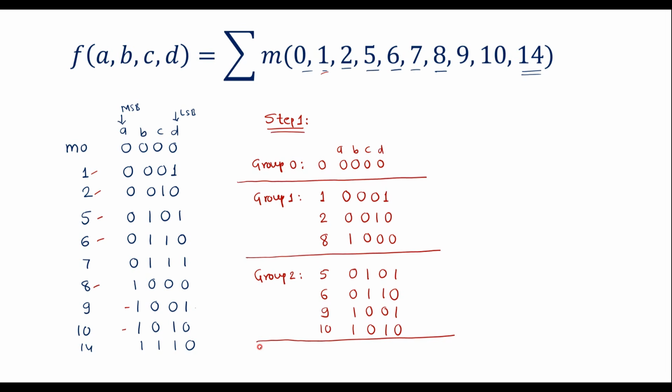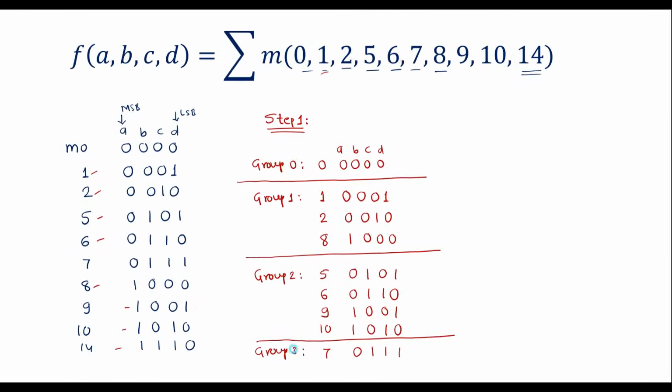Now I will consider group 3. In group 3 I will consider all the numbers in which the number of ones is 3. Here the number 7 consists of 3 ones: 0, 1, 1, 1.